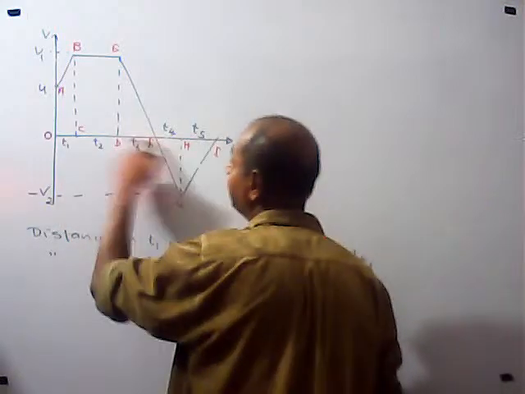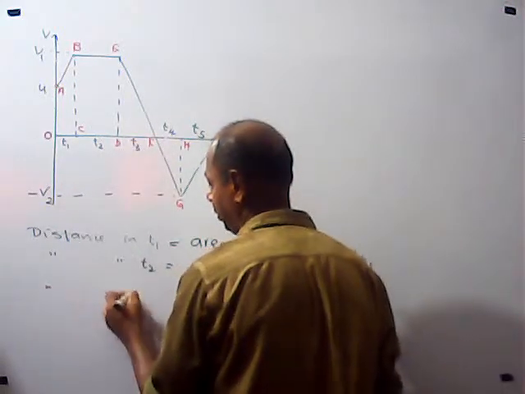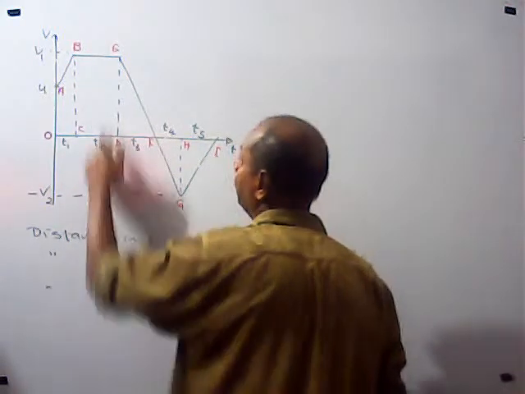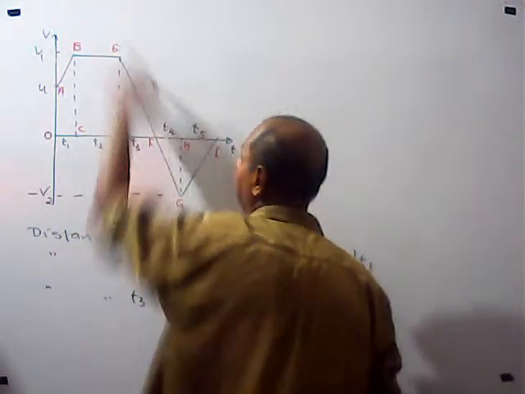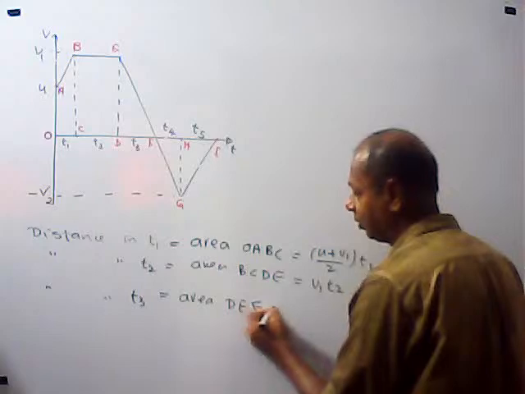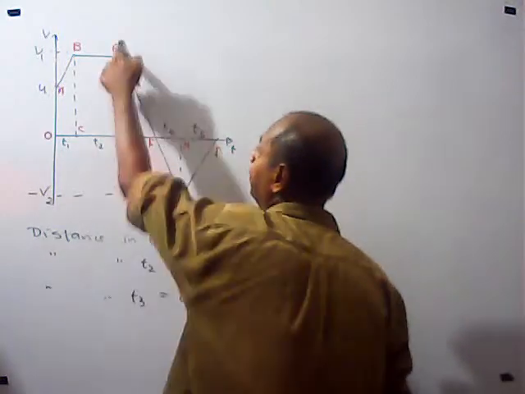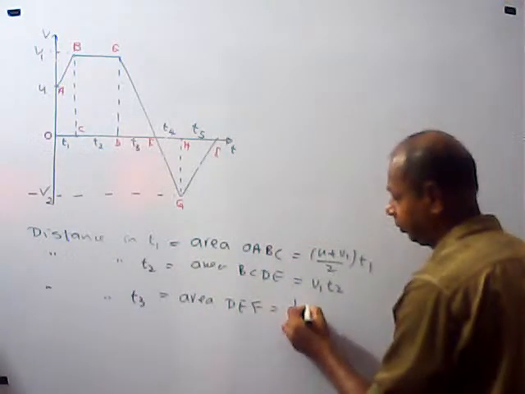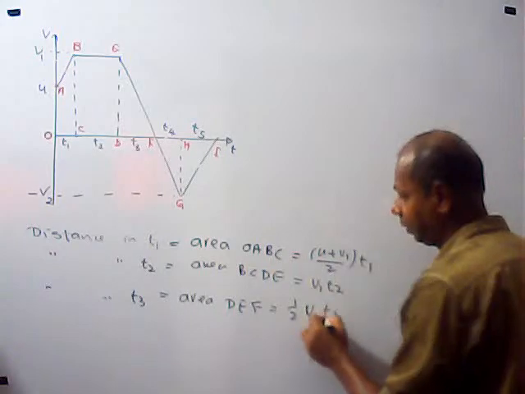Then distance traveled in T3 is equal to area DEF. It's a triangle, half T3 into V1, half V1 T3.